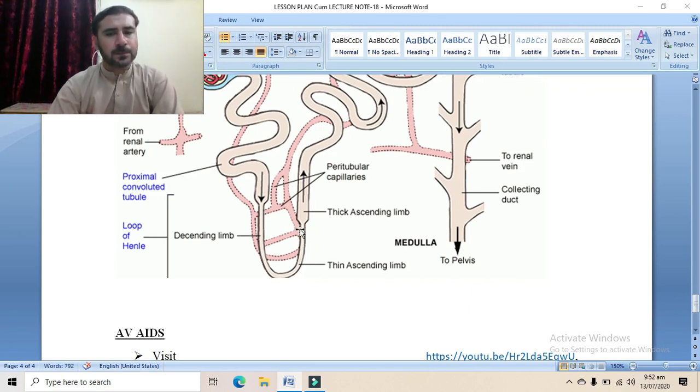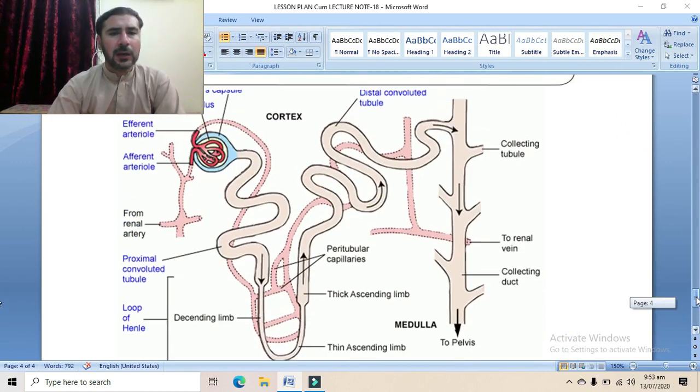So its pH must be maintained from 4.8 up to 7.2 or 7.3, in this range. So this range is basically maintained through the tubular secretion, through release of ammonium and hydrogen ions, to maintain the pH within this range.